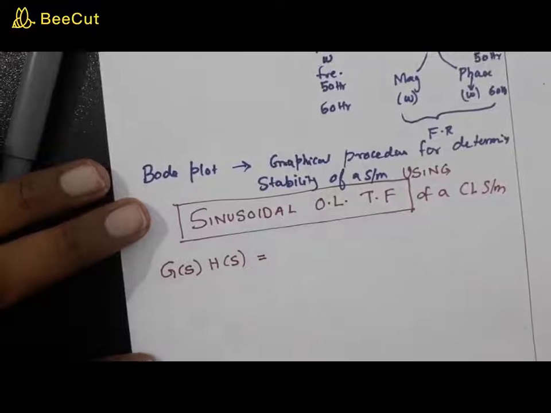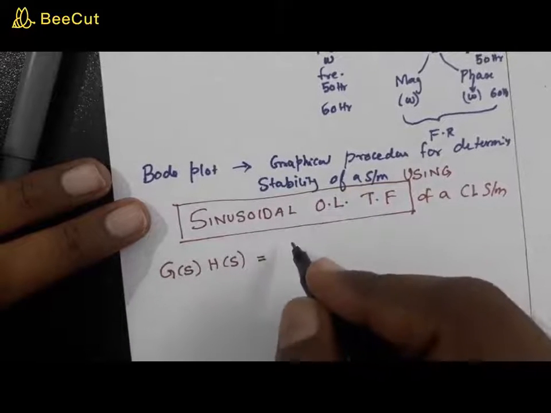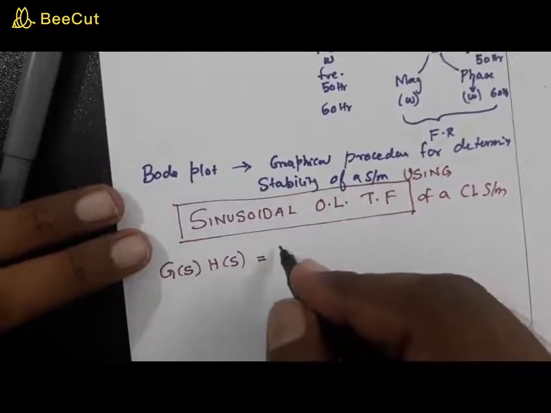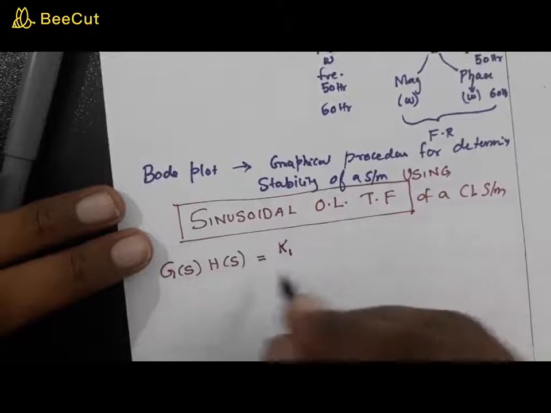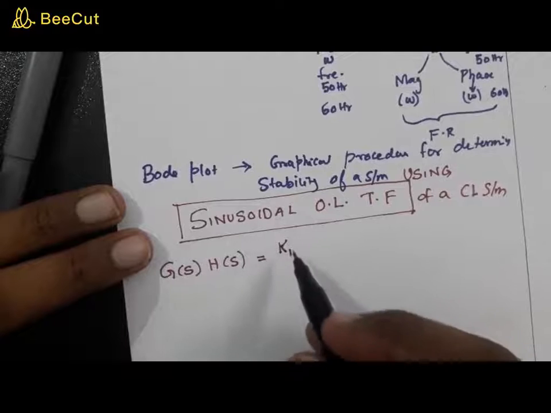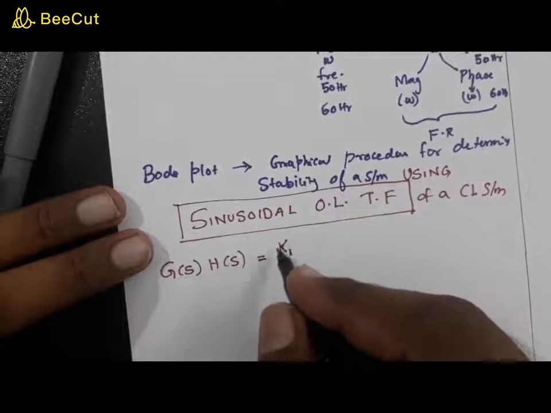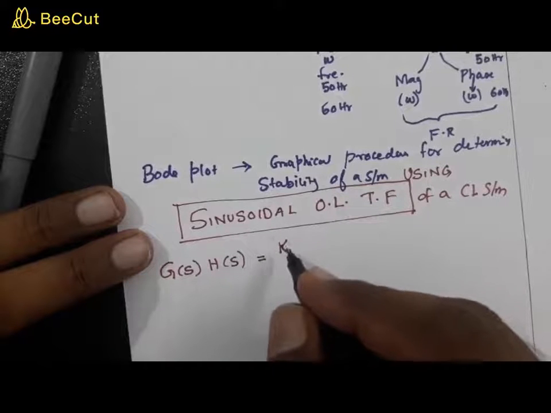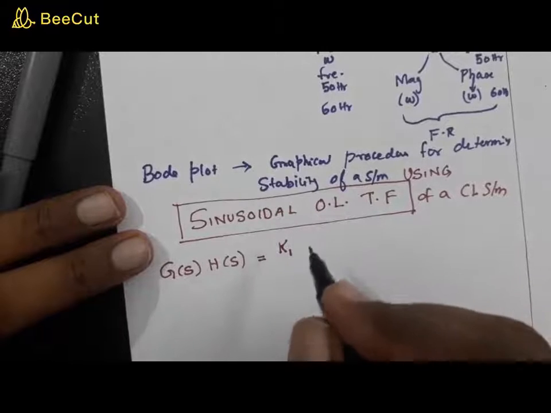In the previous lectures, I think in module 2, we wrote the generalized form of G of s. For the meantime, I'm putting this as K1. You will understand later why I'm not using K. K is called the forward path gain, or the scale factor.